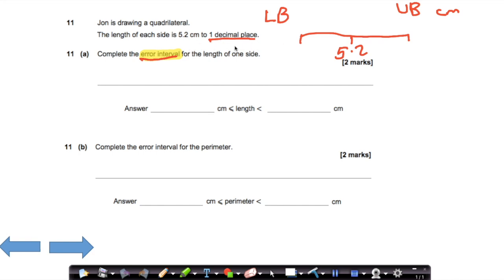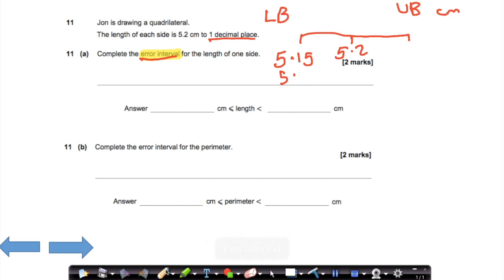Well, what number is the smallest number that if you rounded it to 1 decimal place would be 5.2? It would be 5.15. If we had 5.14, if we rounded that to 1 decimal place, it would have ended up being 5.1.